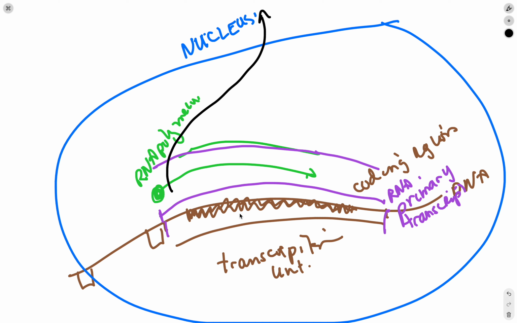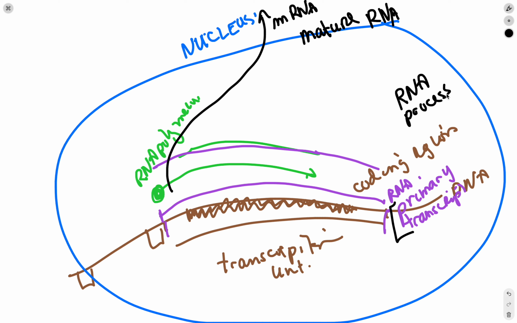It's going to be a coding gene, so it's going to be mRNA, and it's going to leave the nucleus. It starts out as the primary transcript, and when it leaves the nucleus, it's called mature RNA. And in between, it goes through several steps that are called RNA processing. The one we want to draw about here is called RNA splicing.